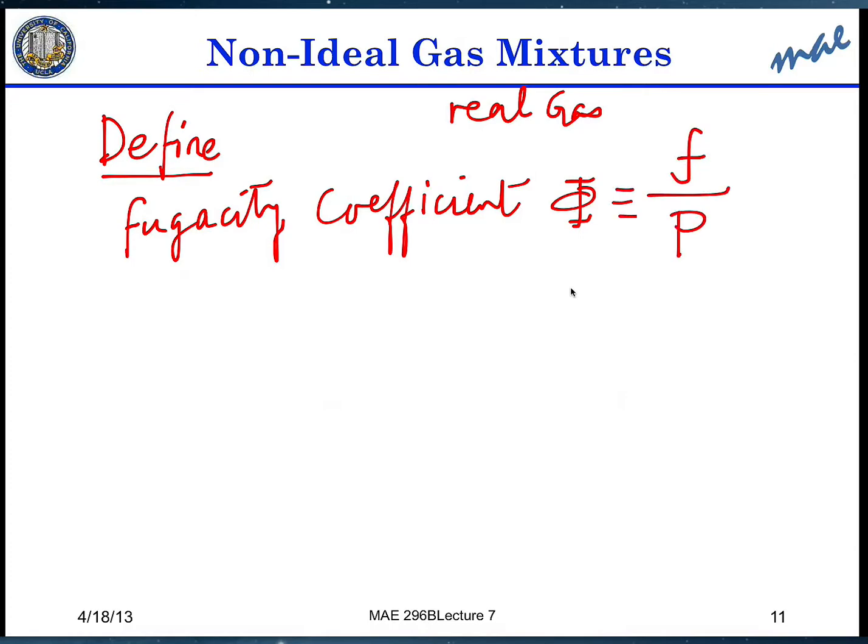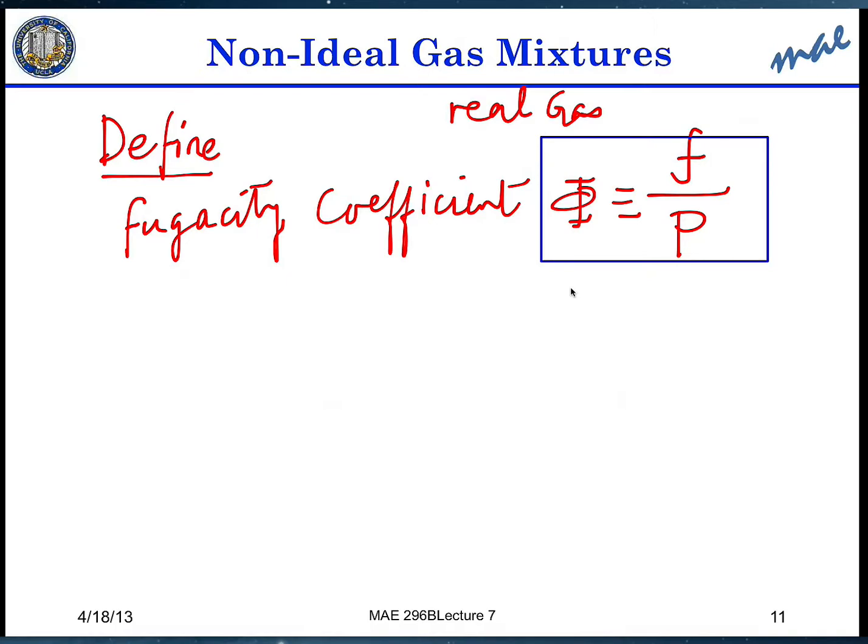So if we define it in this fashion, then we are able to find the fugacity F, which is the final result we want, once we know the coefficient phi. So both of them are equivalent definitions.